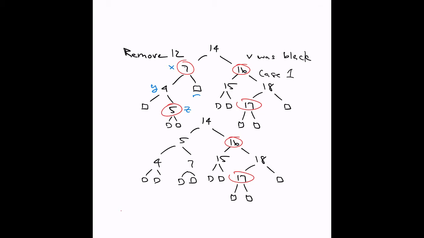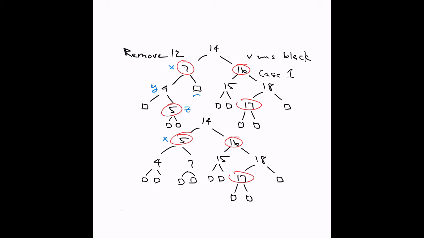And this is the new X. For case 1, we then set X to the color that X had previously. X was previously red, so the new X is going to be red. Now we set X's left and right child to black.